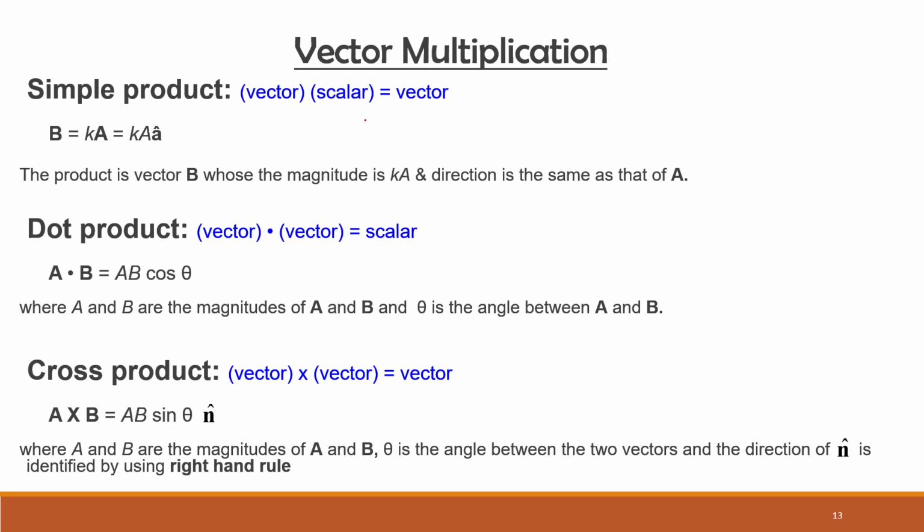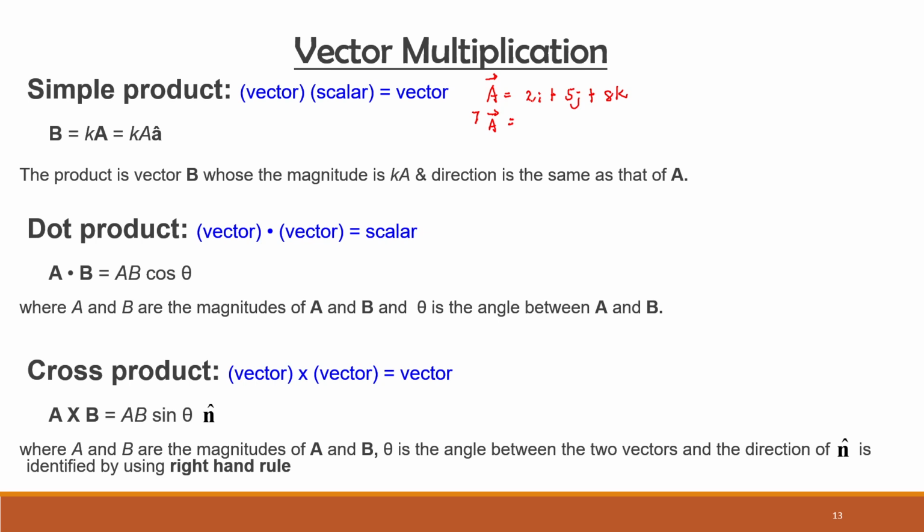So for example, let's say your A is 2i plus 5j plus 8k. Let's say vector A is multiplied by 7. The result is still a vector.